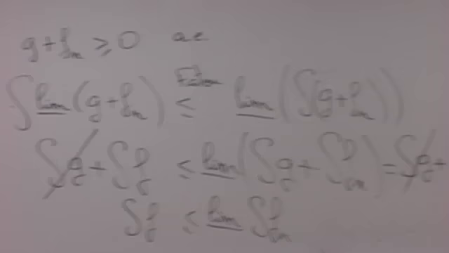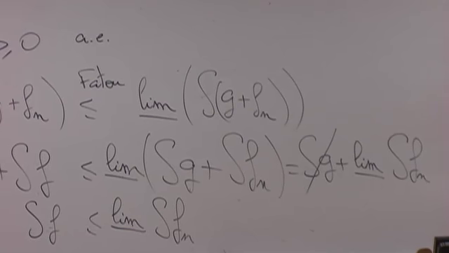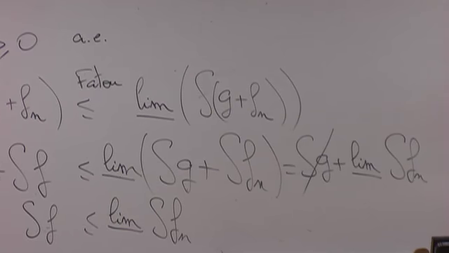We want to be able to write that these two things are equal. So instead of using g plus Fn, we use g minus Fn, and we see what happens. Same computation.